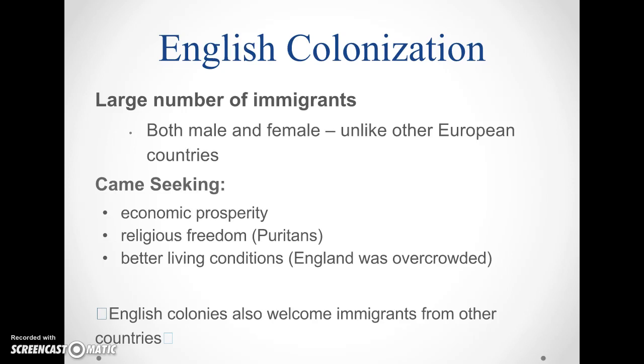They also came seeking better living conditions because of the overcrowding problem that existed in England at the time. They are also different in that they welcome immigrants from other countries, and obviously that would only be immigrants from Western European countries. Pennsylvania, for example, is going to be known for having quite a few German immigrants.